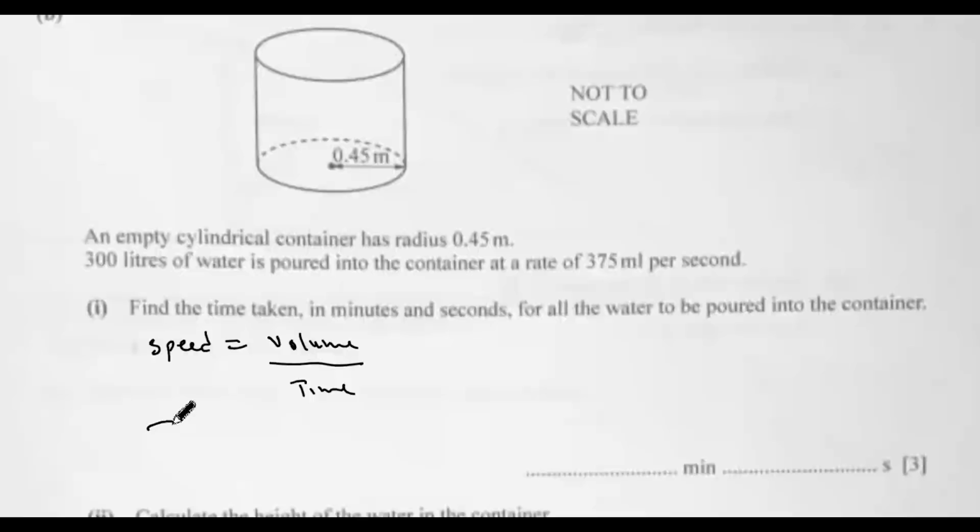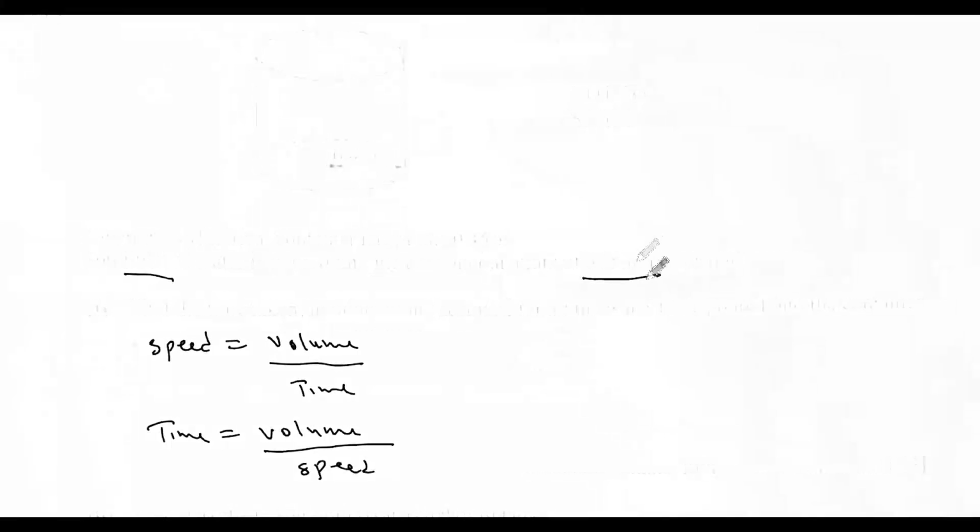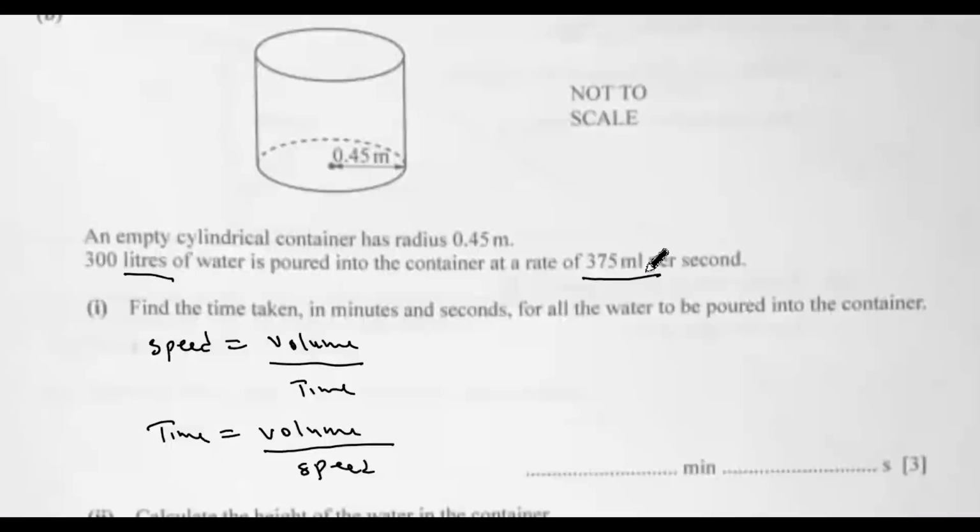So the time will be equals to volume over the speed. But the volume is in liters, as you can see from here, and the speed is in milliliters. So we need to convert milliliters to liters, and that will be 375 divided by 1,000.